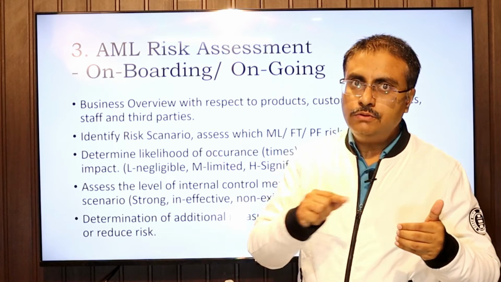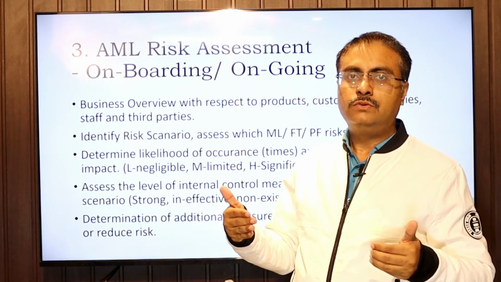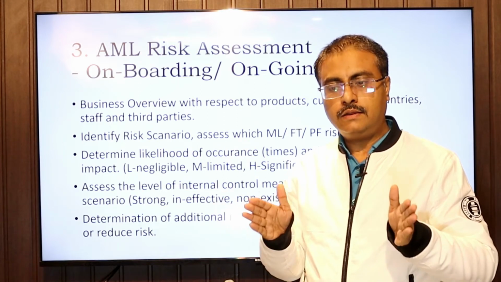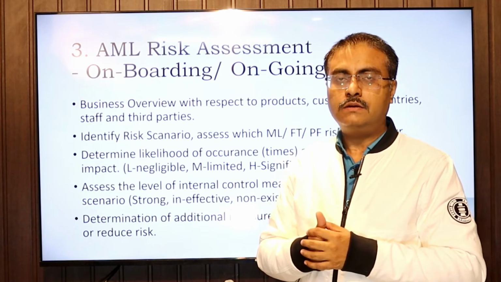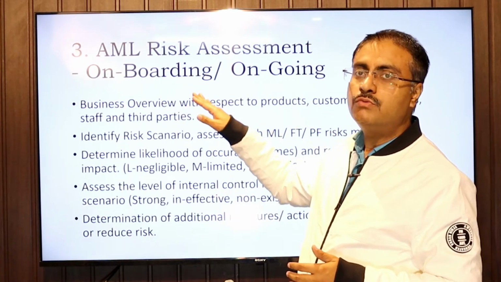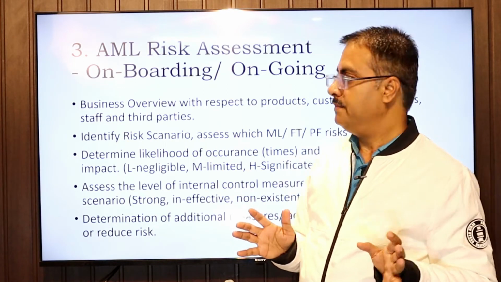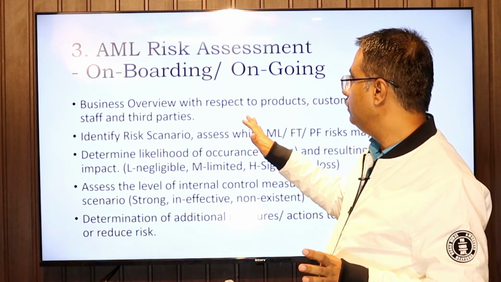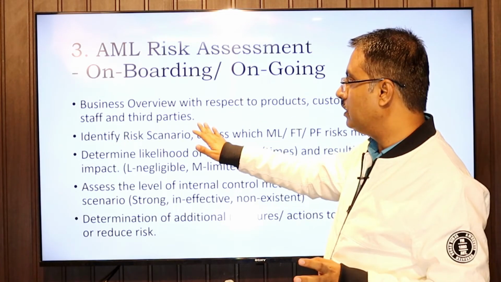So on an ongoing basis, you have to maintain your data, whether any customer is matching with the sanction list, or suppose a new customer is joining you, onboarding screening is required. So, business overview with respect to product, customer, countries, staff and third parties.